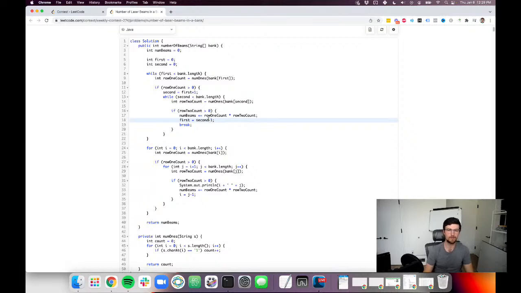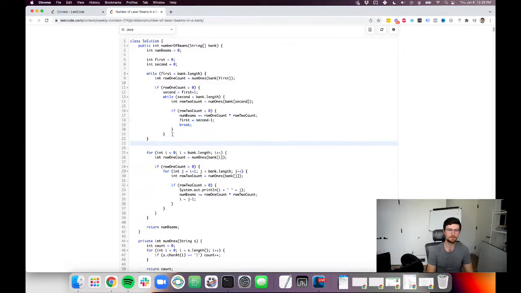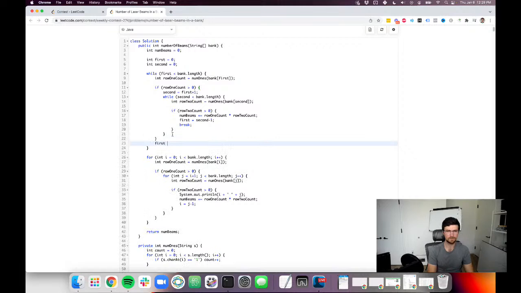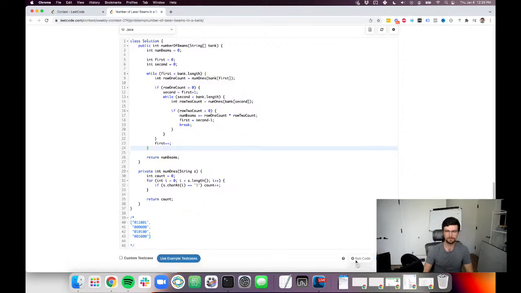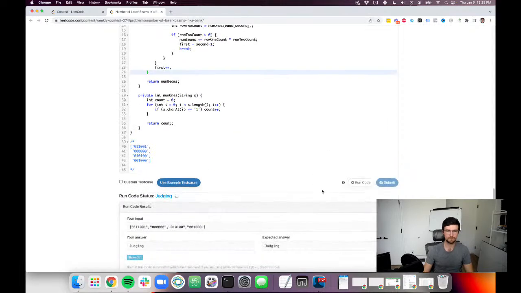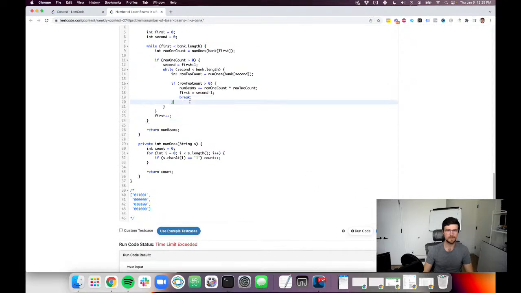We could do second minus 1 and then do, we're not incrementing second here.